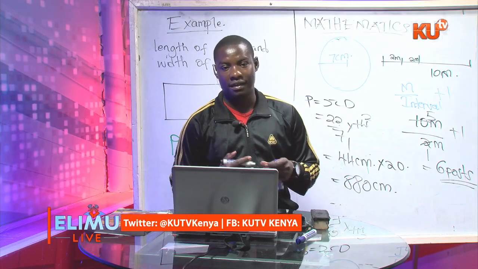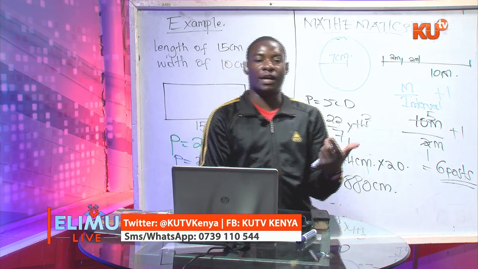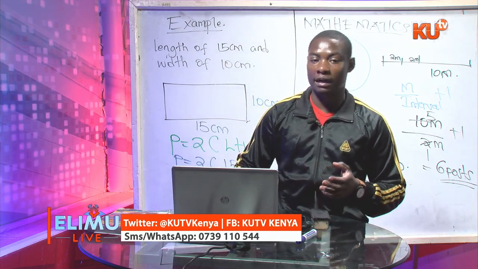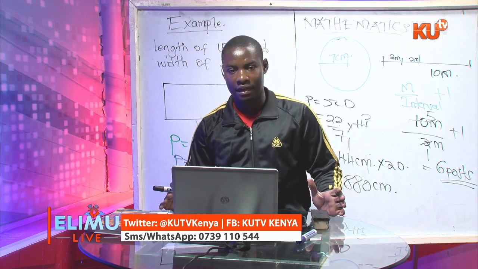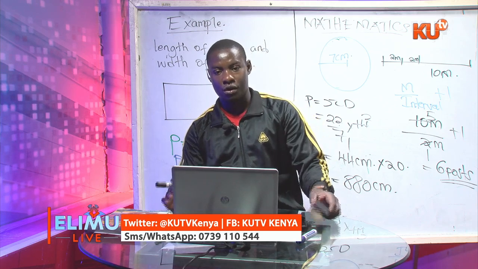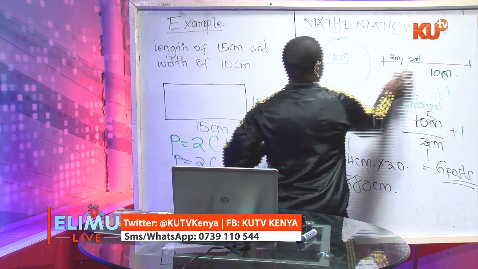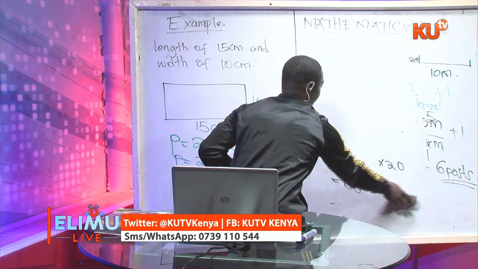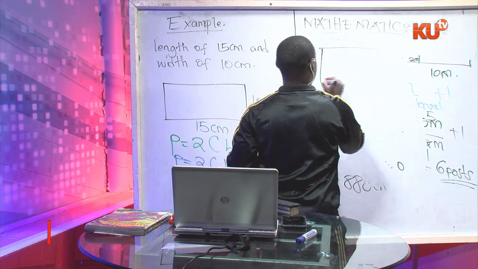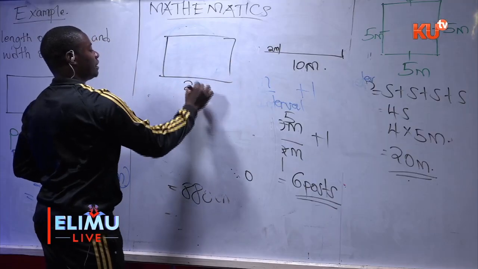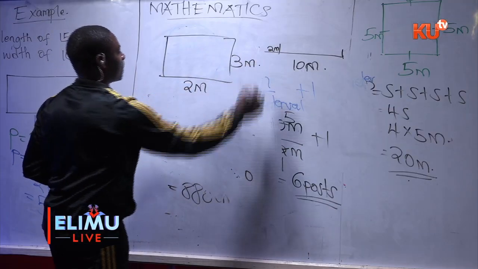And the last one is number of posts in a closed figure. So you can be told a person has a shamba in the form of a rectangle, and the measurements are as follows. So we have 2 meters and 3 meters.